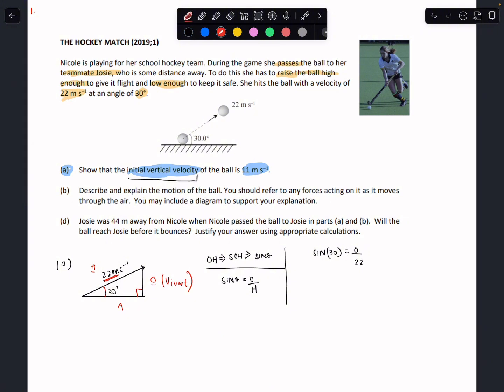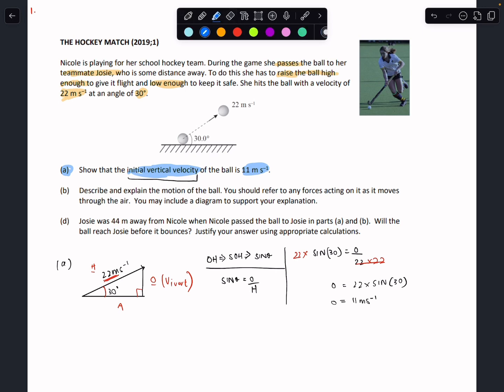To get the opposite all on its own, we need to get rid of the 22 by timesing it by itself. That means we have to times it on this side. Opposite equals 22 times sine 30. Plug that into your calculator, and what you should get is 11 meters per second.